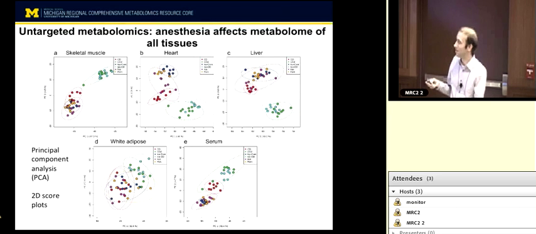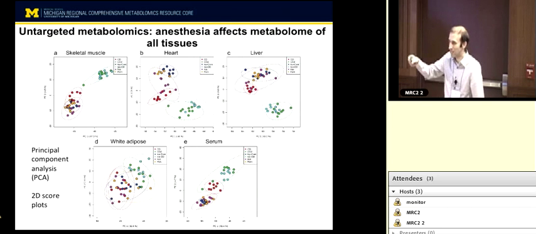And basically, I'm botching the explanation of this to a substantial degree, but effectively, the end result is that if your groups are separated, then there are significant differences in the metabolome as a whole that define those differences and that are causing them to be separated along these principal component axes.